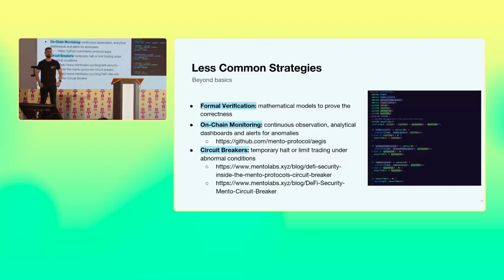We are a stable token platform and protocol, and we heavily depend on oracles. In order to protect us from price manipulation attacks or abnormal market conditions, we developed on-chain circuit breakers. And our circuit breakers are autonomous and decentralized.